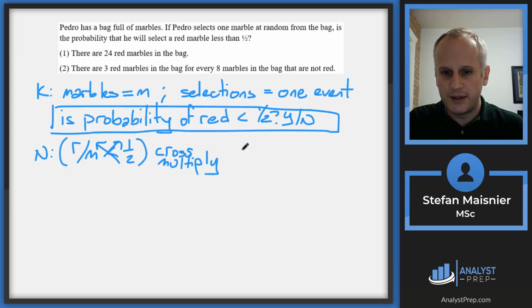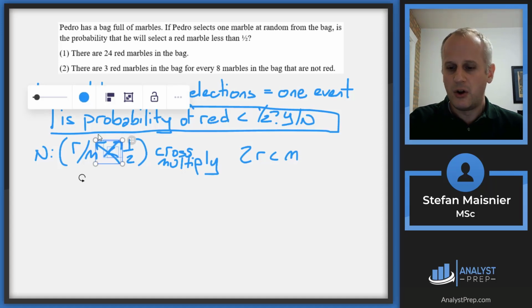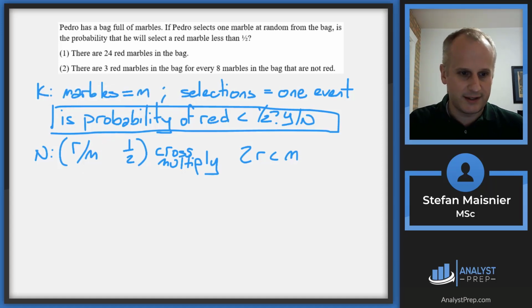We need to know is 2R less than M. So either situation, either R over M is less than 1/2, or if 2R is less than M.